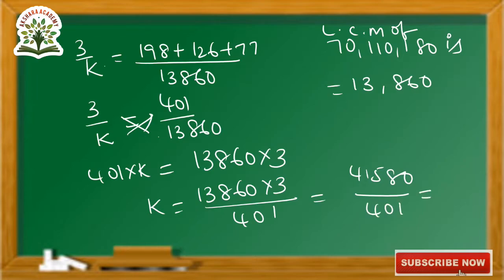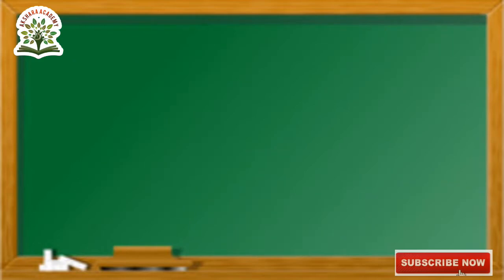At last we are getting 103.6, so approximately we are writing this as 103.8. Okay, this is the final answer, 103.8. Next we will go to the next question, that is the third question.